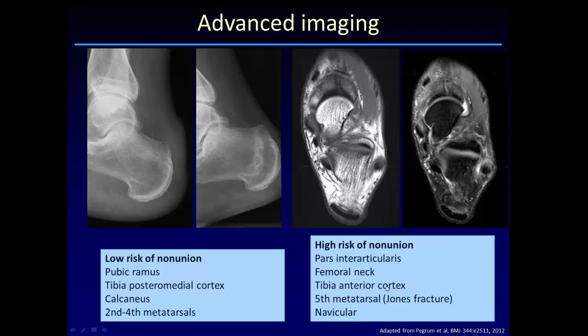The anterior cortex of the tibia doesn't really have a non-union issue, but it does have a delayed union issue and a tendency to complete, whereas the posterior has much better blood supply from the nearby muscles. The shaft of the fifth metatarsal, the so-called Jones fracture, and the navicular. And the others that tend to heal fairly well on their own, perhaps we don't need to be so aggressive about imaging those particular conditions.